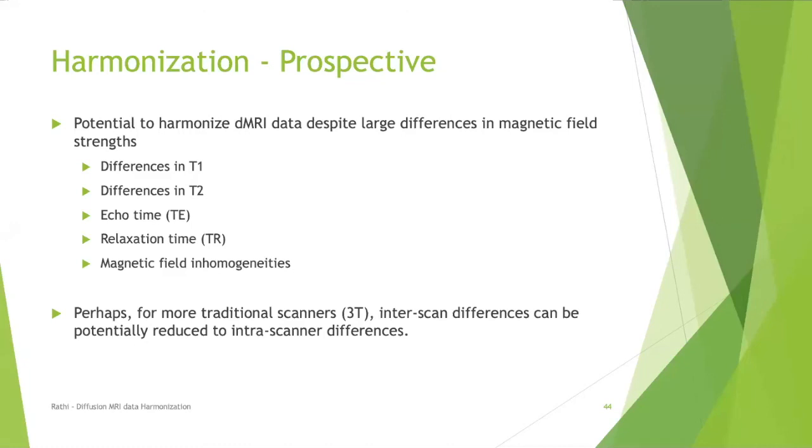This was, as I said, an extreme case, but it also provides hope that with linear and maybe potentially nonlinear deep learning methods for traditional 3T scanners, where most of the data has been acquired, there is a possibility to reduce these inter-scanner differences to something that looks like intra-scanner differences.